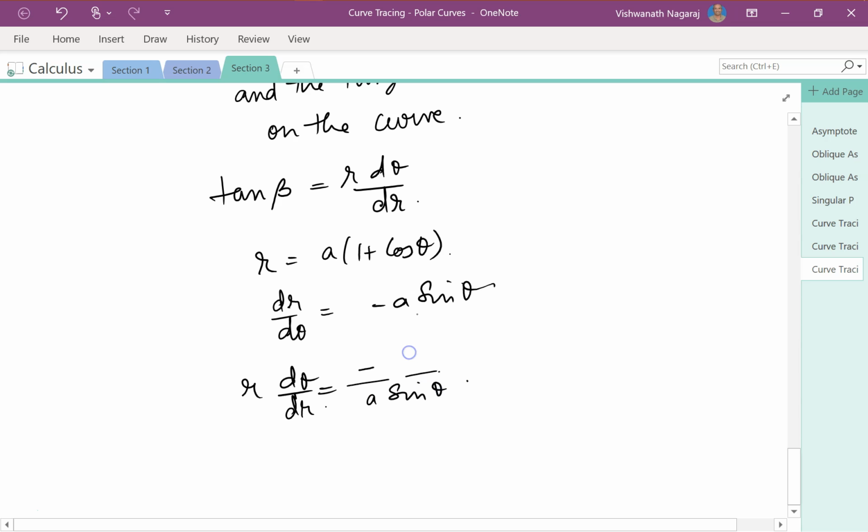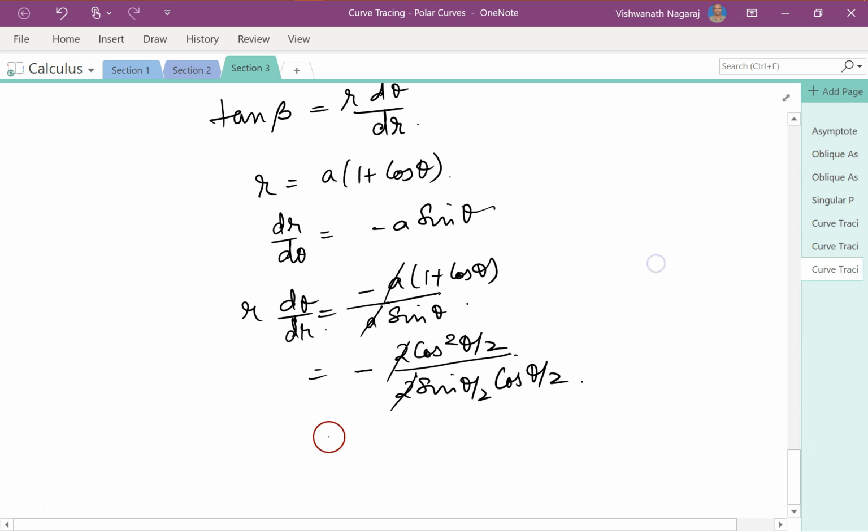Now r is nothing but a times 1 plus cos theta. So a cancels. Now 1 plus cos theta can be written as 2 cos square theta by 2, and sin theta can be written as 2 sin theta by 2 cos theta by 2.